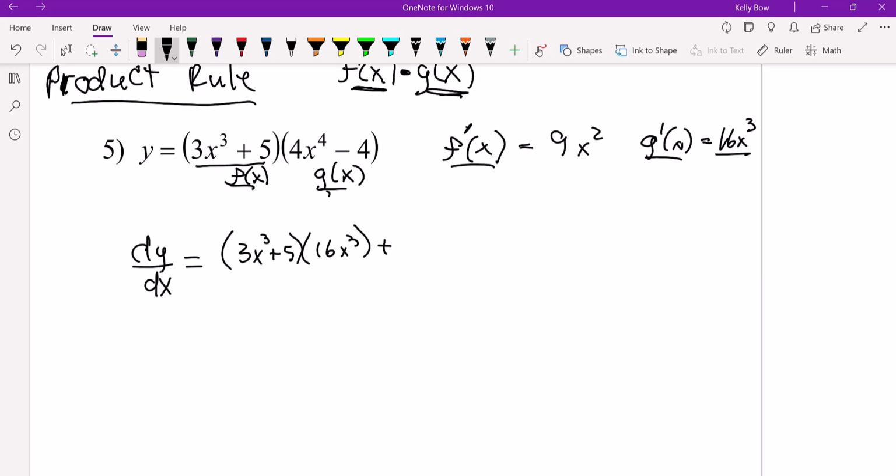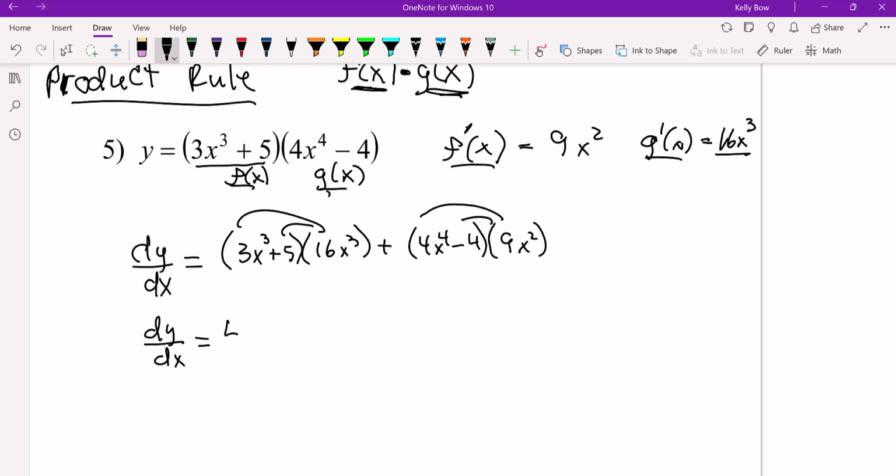And we're going to add the g function, 4x to the fourth, subtract 4, and it's going to multiply by the f prime. And then do the distributive on both of those, and then simplify at the very end.